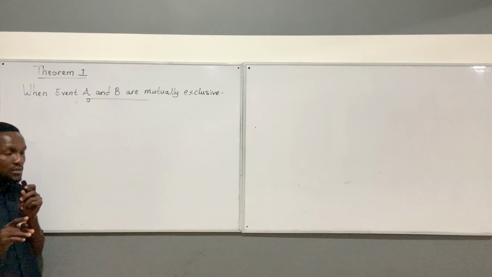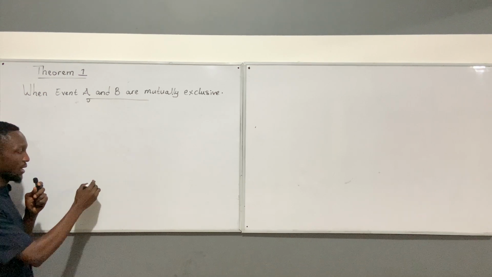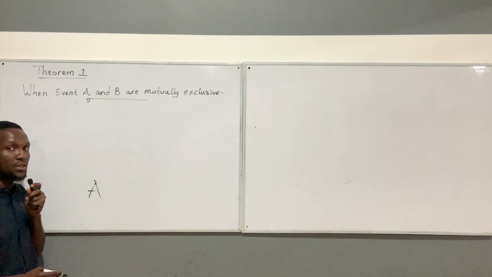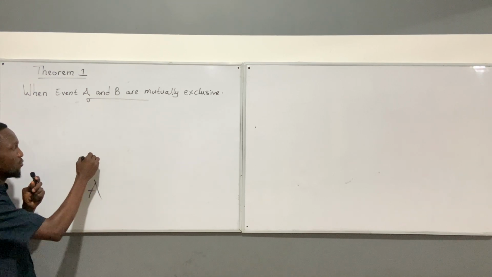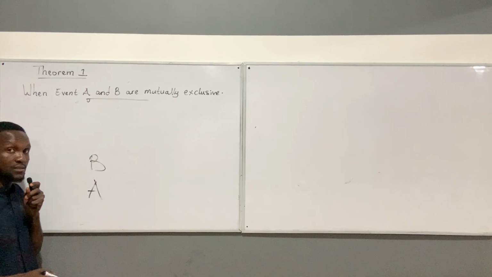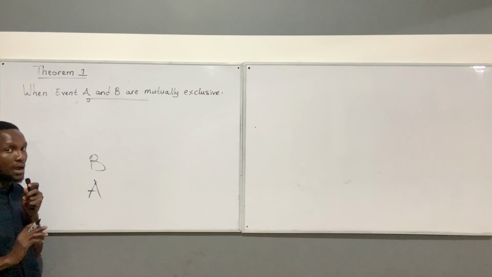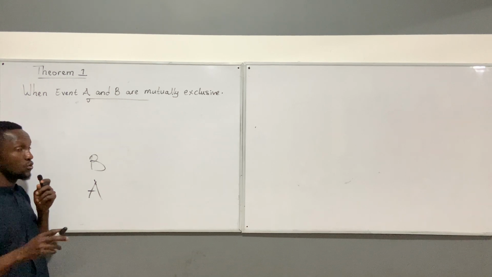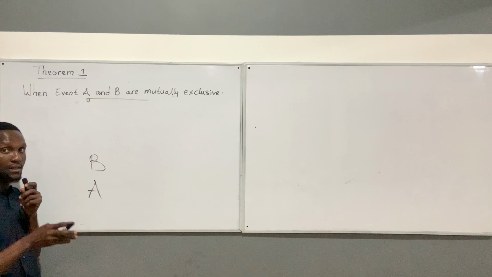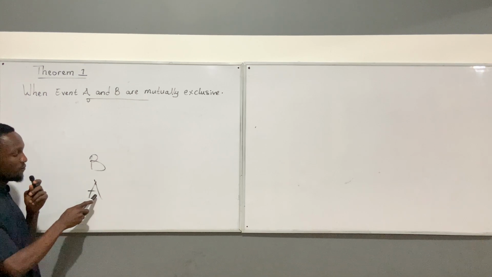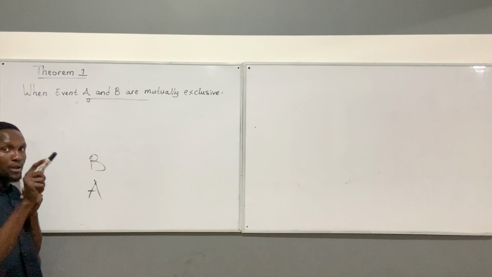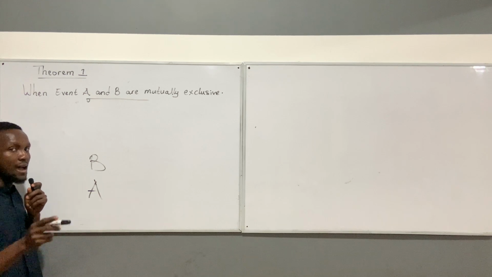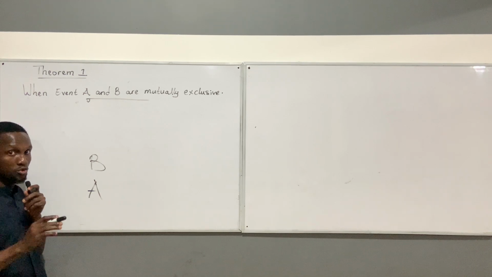What this means is if event A occurs, then event B cannot occur. In the same way, when event B occurs, then event A cannot occur. In other words, the occurrence of one event excludes the occurrence of the other event, and vice versa. Do you get it now?